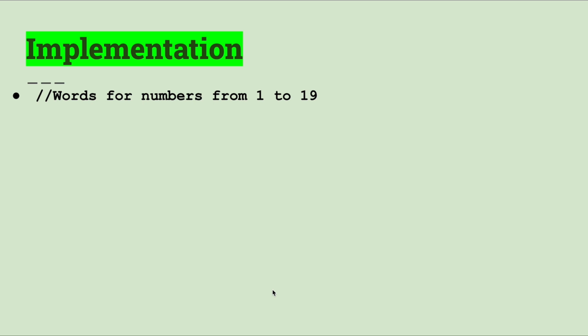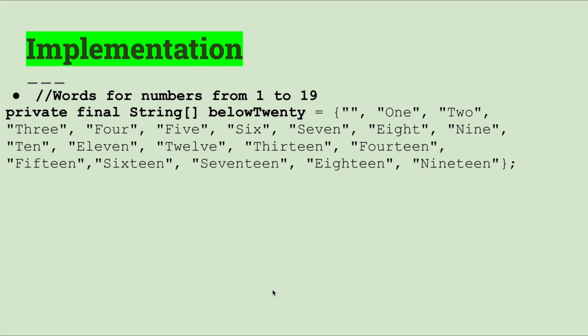So for numbers less than 20, first we define the words for 1 to 19 in English: 1, 2, 3, 4, 5, 6, 7, 8, 9, 10, 11, 12, 13, 14, 15, 16, 17, 18, 19.